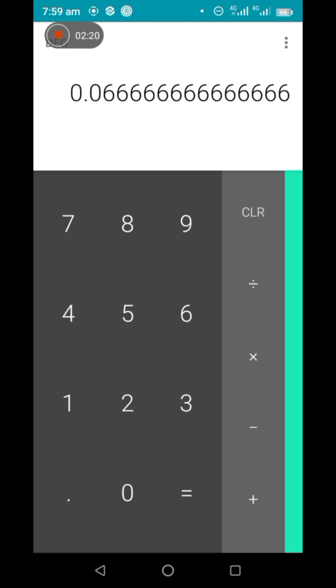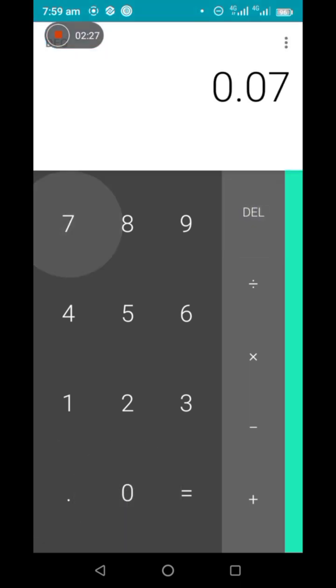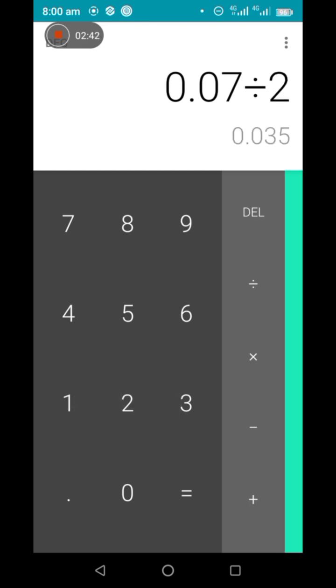Now you are going to approximate it. If you approximate 0.0666, it will give you 0.07. Now, how many positions do you want to open? Let's say you want to open two positions, for example, so divide by 2. You can see the answer is giving you 0.035.